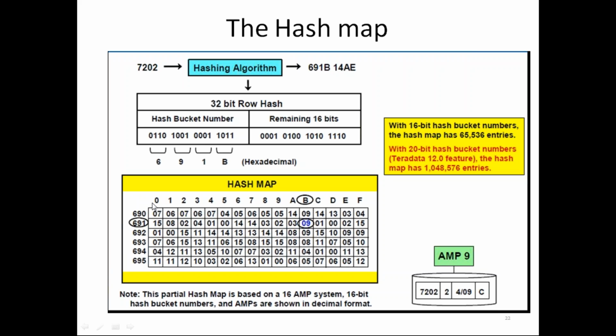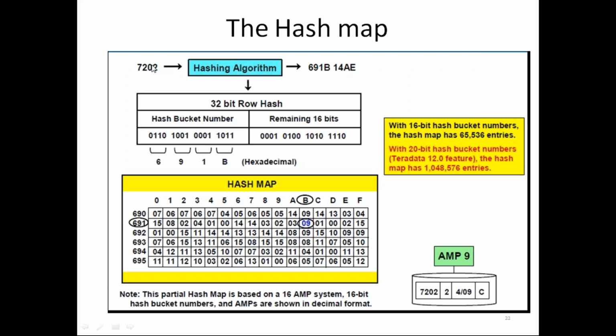In this hash map system, we have 16 columns starting from 0 to F, the hexadecimal values, and the rows would start from 1 to almost 2.1 billion. You can consider that. Hash bucket values are predefined at the time of Teradata configuration itself.